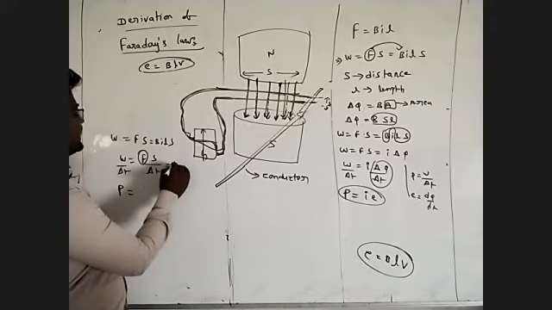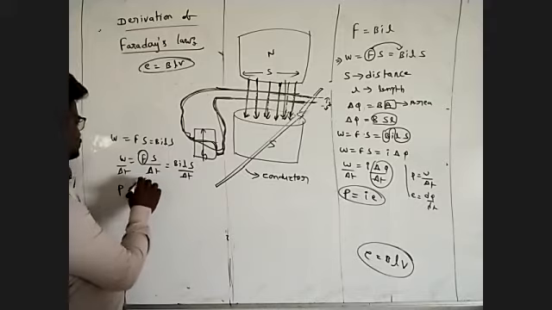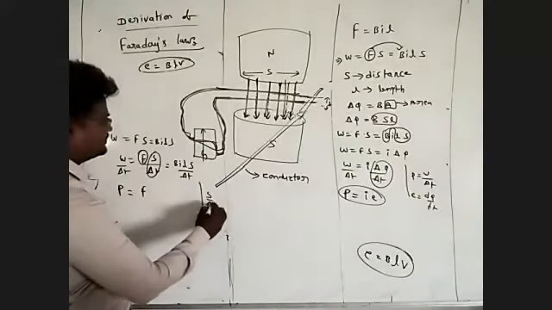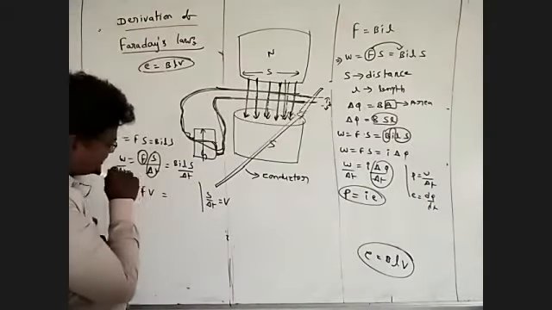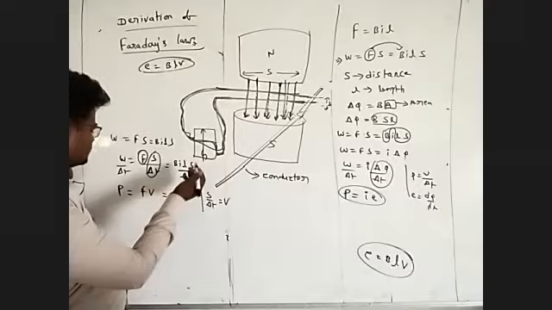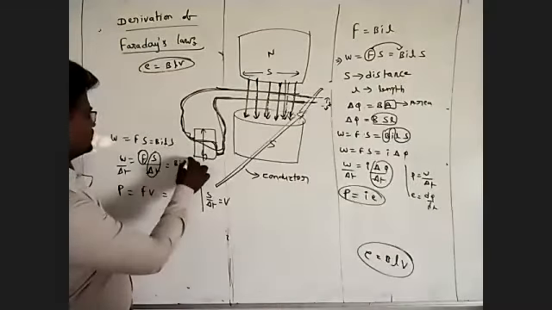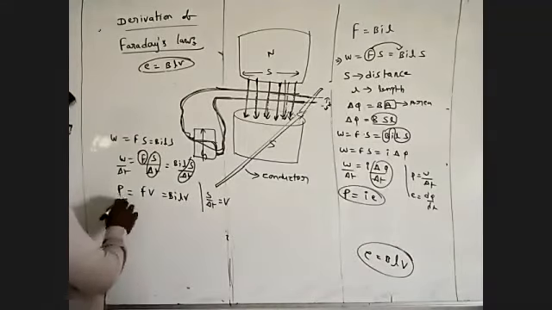Force means B I L, and S by delta T means displacement by time, which means velocity. So you can write B I L V.